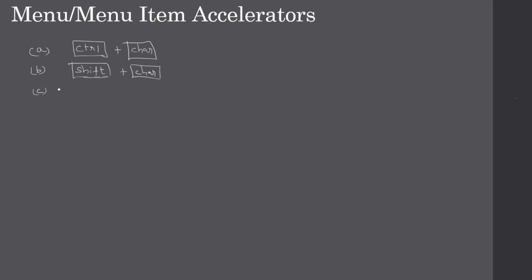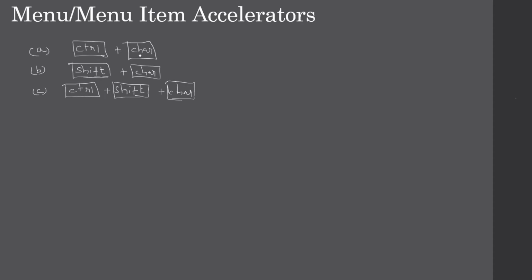Sometimes people will use both combinations, control plus shift plus some character key. You are not restricted to the alt key, but you can use the alt key also. So this is what is called an accelerator. For a particular menu item, you can directly provide an accelerator.